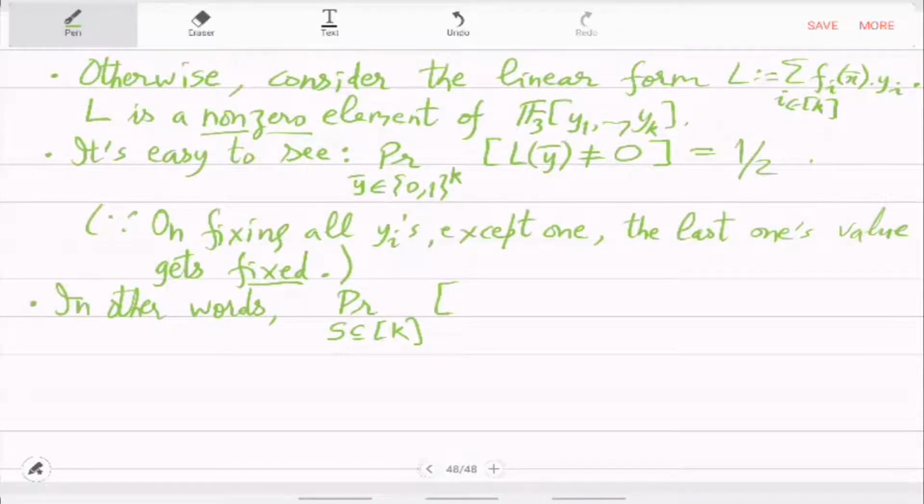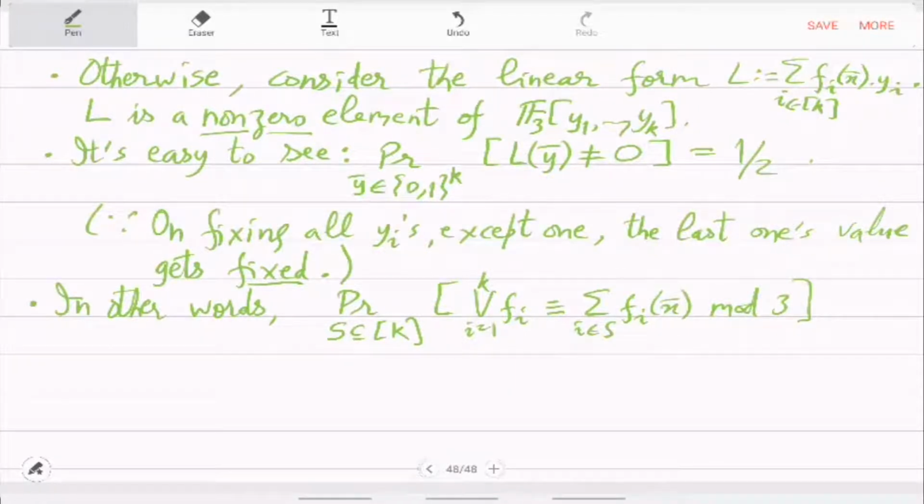so the probability that OR matches. So Ly bar, you are looking at that version. We are in the case where the OR is actually 1.